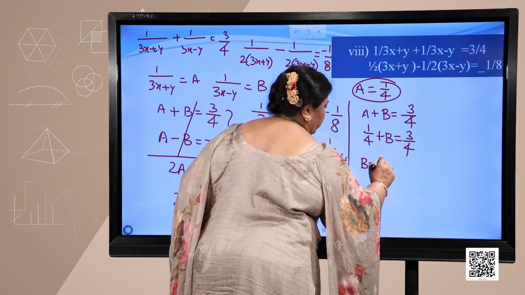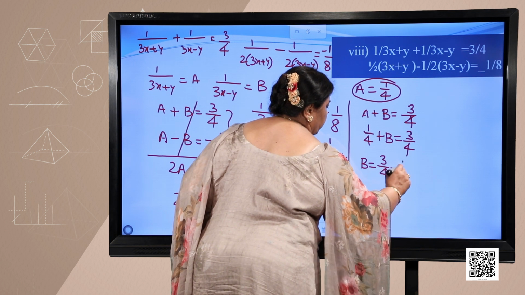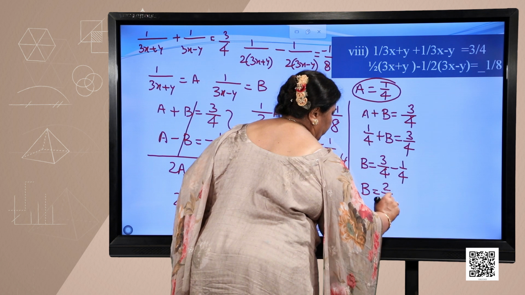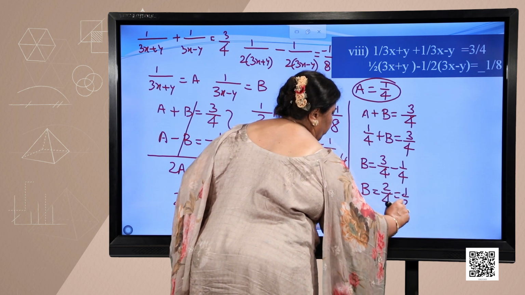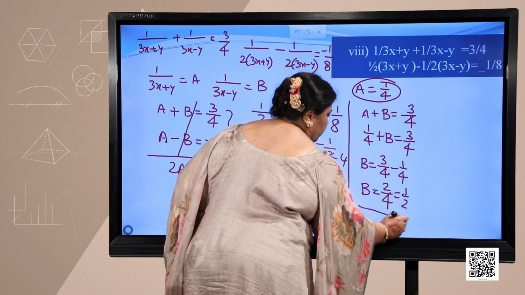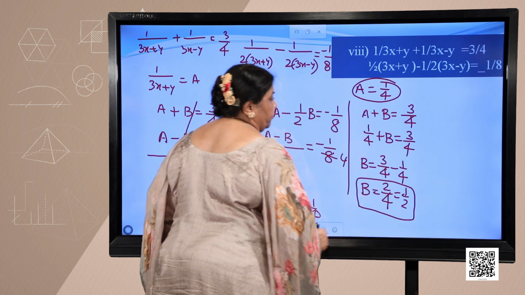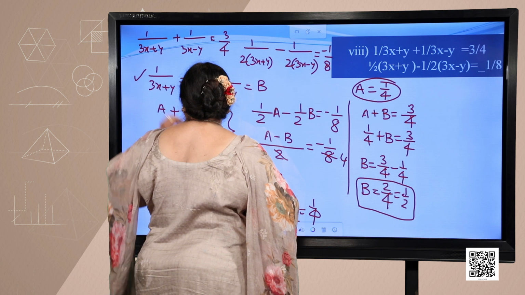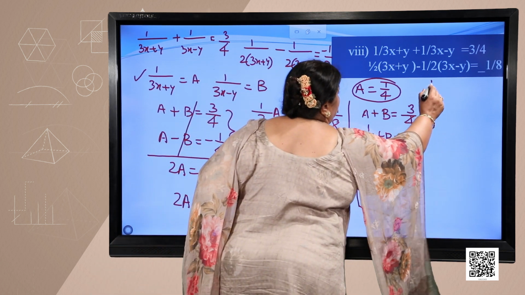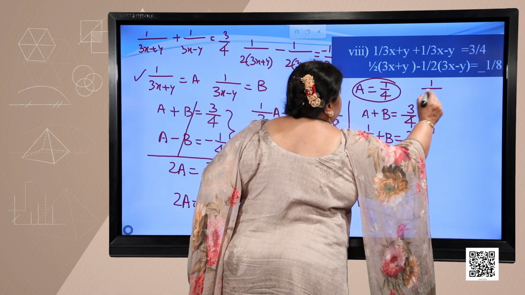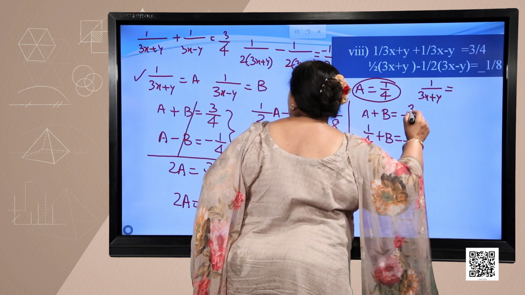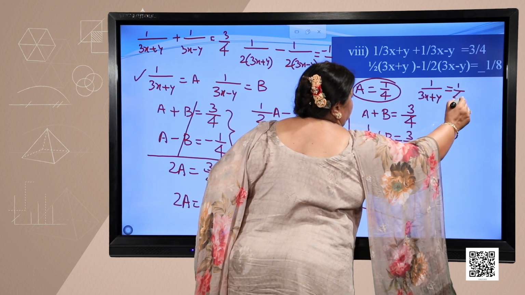So, b is equal to 3 upon 4 minus 1 upon 4 gives me 2 upon 4 or 1 upon 2. So, value of b is 1 upon 2 and value of a is 1 upon 4. But what was our assumption? It was 1 upon 3x plus y is equal to a. A means 1 upon 4.